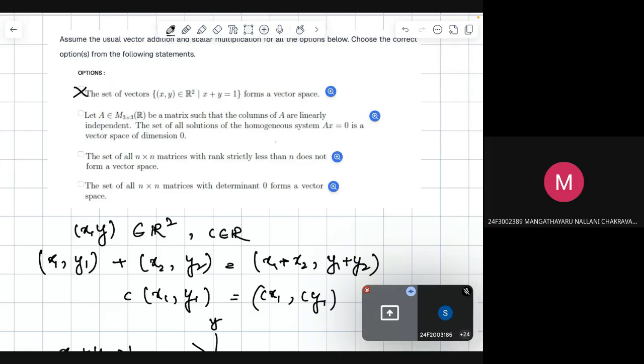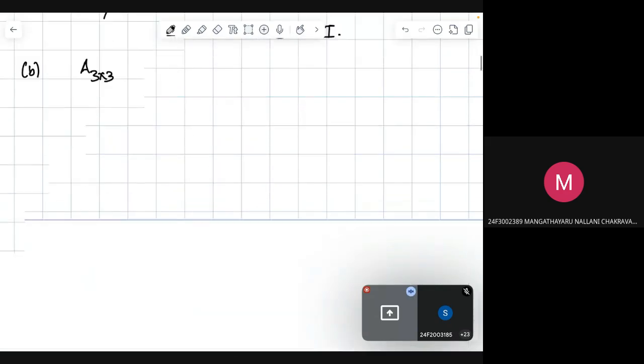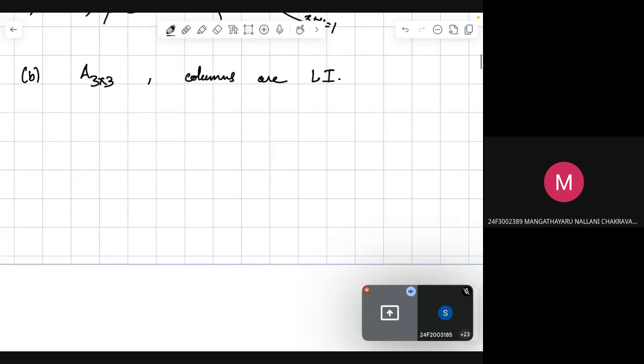So let A be a 3 by 3 matrix such that the columns are linearly independent. So the columns are linearly independent, which means that A is invertible, right? Determinant of A is non-zero. A inverse exists.